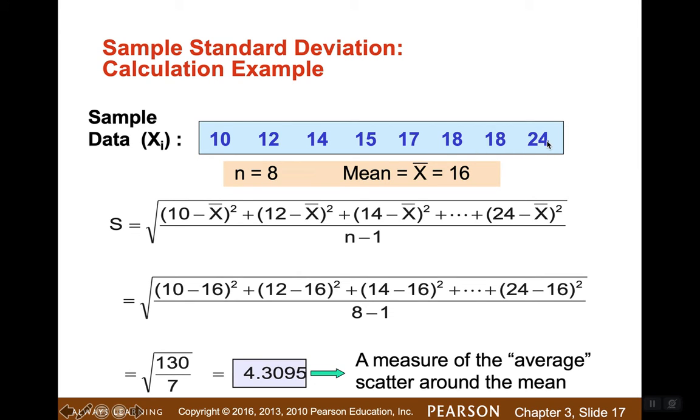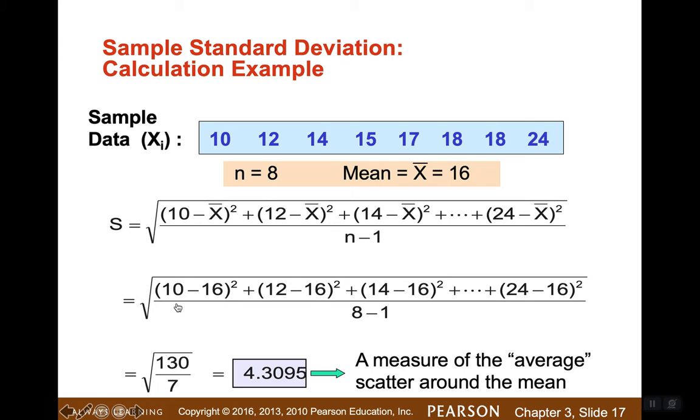For every value here, we subtract it from the mean and square it. Then we do it again for the next value, and the next, and we add all of these values together and divide by n minus 1. Then we take the square root of that, and that gives us the standard deviation.